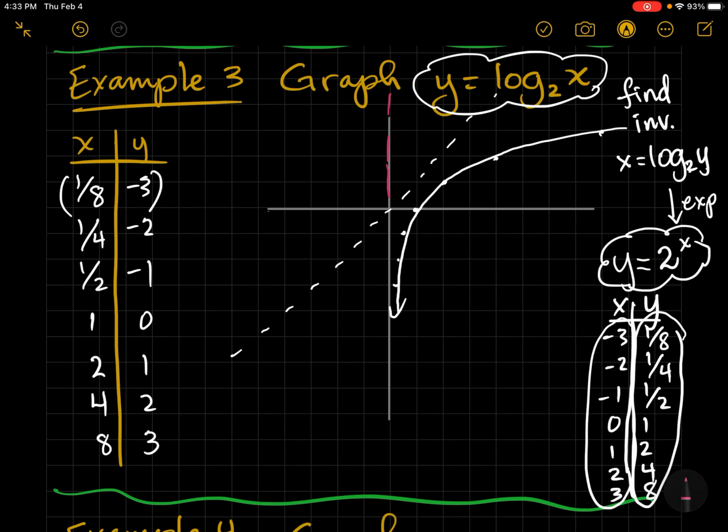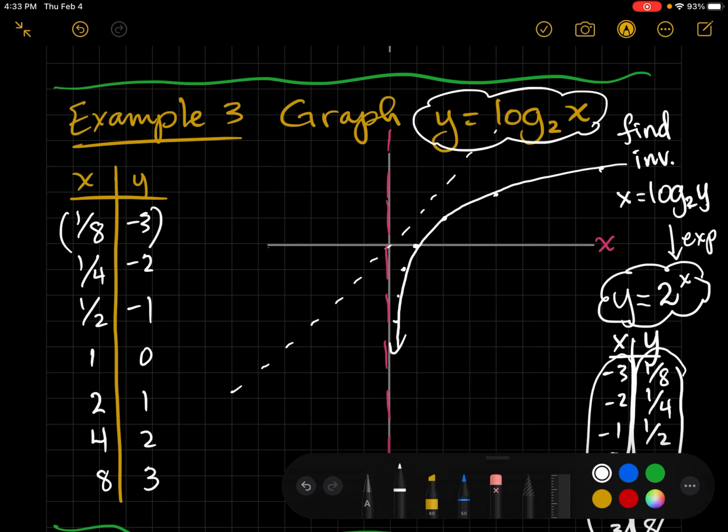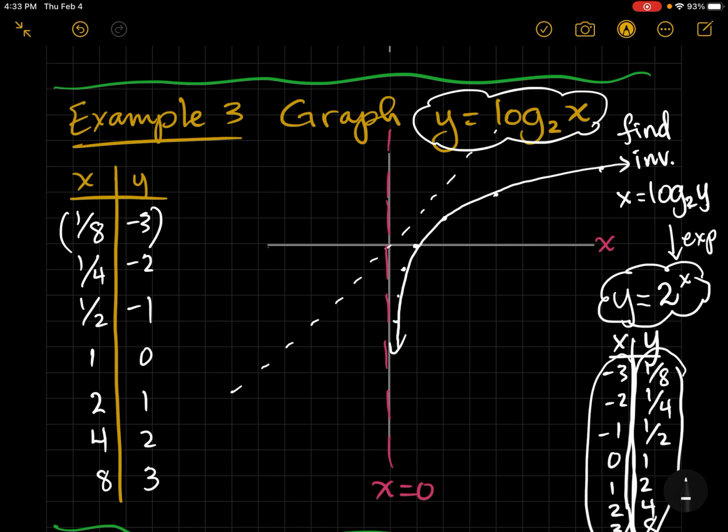This time, the limit line is on the y-axis, and the equation of this is x equals 0. It's perpendicular to the x-axis at 0. So we have a limit line again. And hopefully you do see the similarity to example 1. You can see that we do have that reflection in the line y equals x.